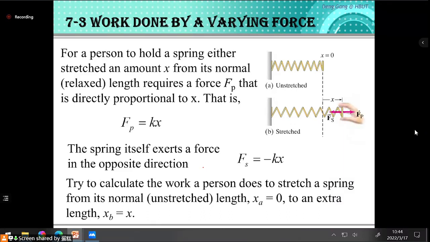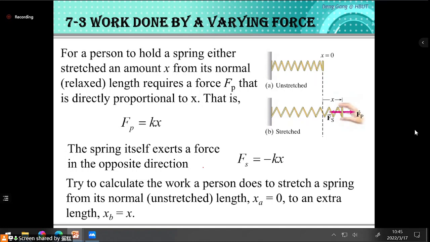That means the force due to the spring is proportional to the change of its length and in the opposite direction. If you press this spring, the force will always be in the opposite direction.